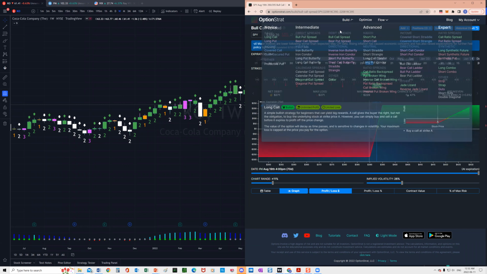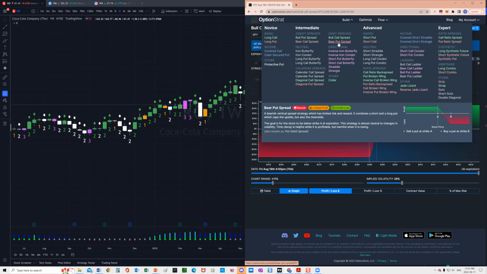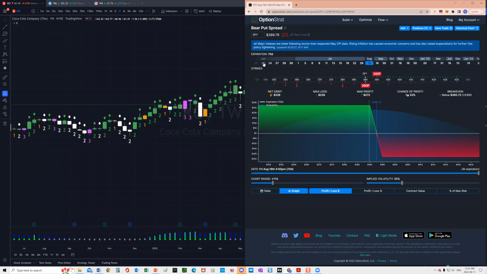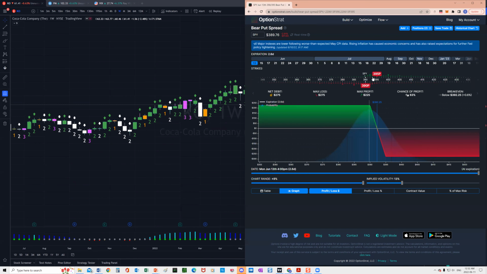Right, so let's go with a bear put spread on the SPY with Monday's expiry.